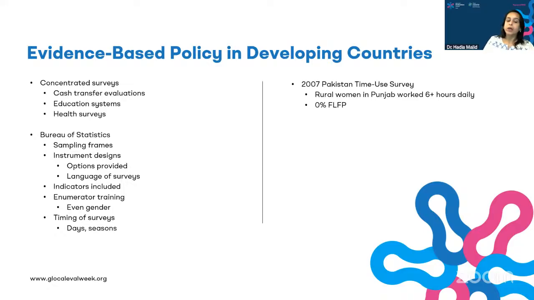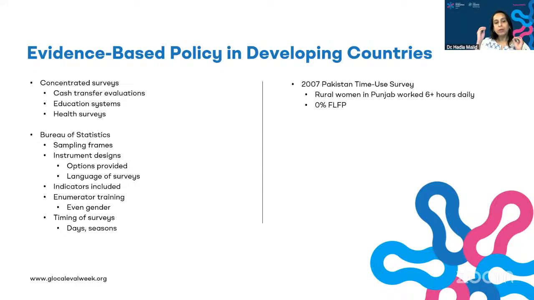Now, in contexts like Pakistan, where there's a very strict division of roles, women will have a very good understanding of what takes place in the household. They'll understand what is happening in the kitchen and with regard to the children, but they won't necessarily know how much the husband earns, or the ins and outs of all of the finances of the household.